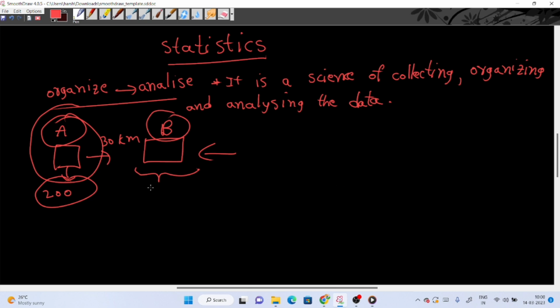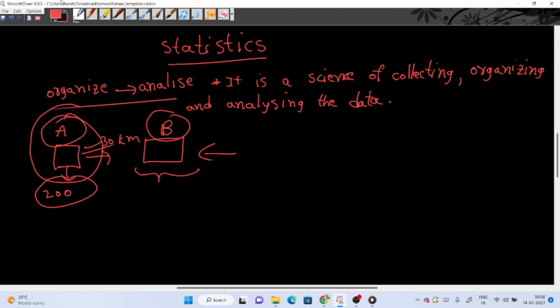If it is profitable, they can start it and they will have two stores, A and B, which can be profitable. But while doing the statistics, if they feel that it will not make them profits if they start a store in B, then they can simply neglect it and continue with A. So this is the use of statistics.